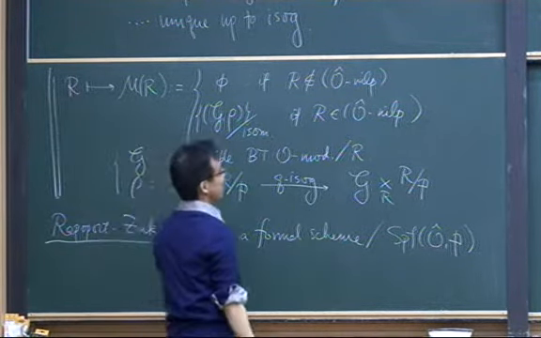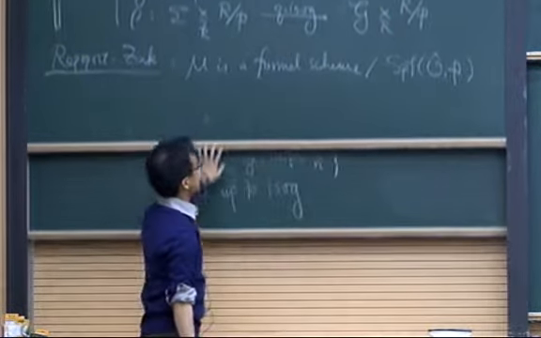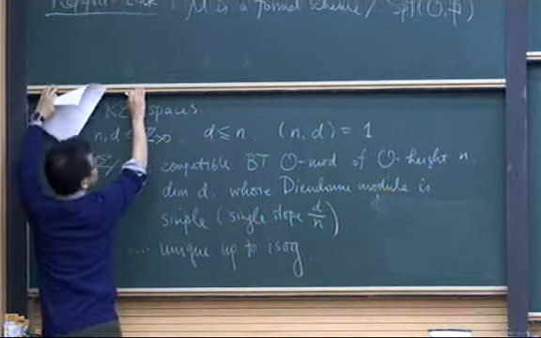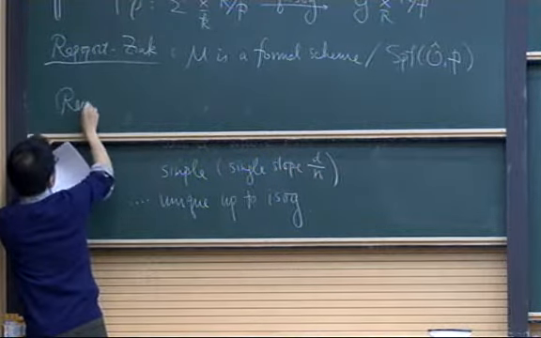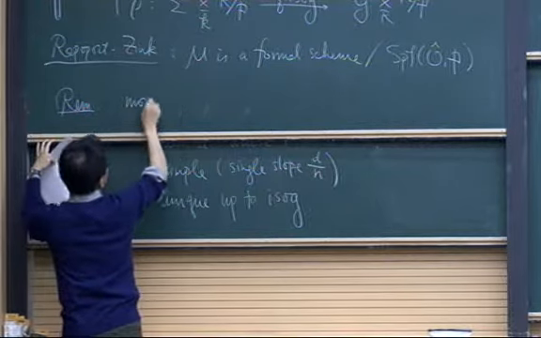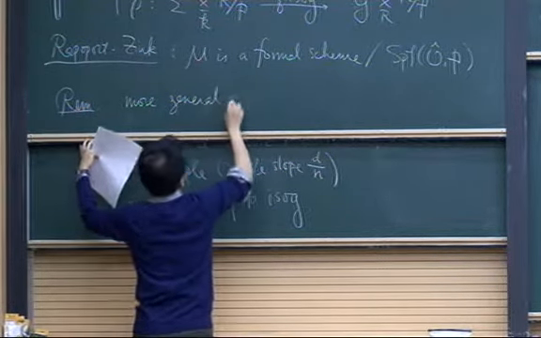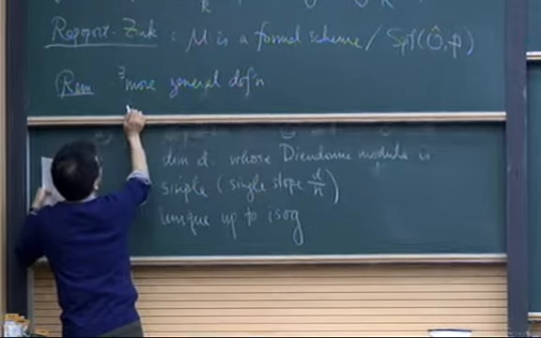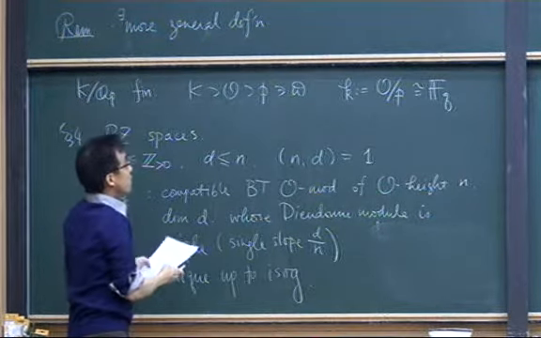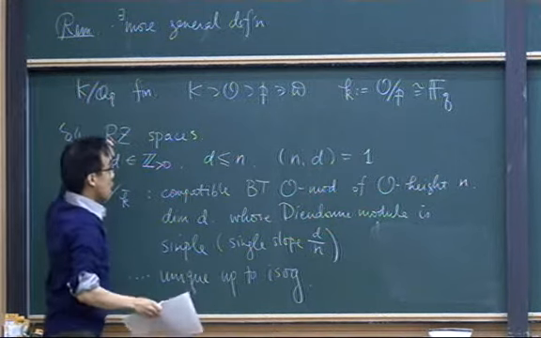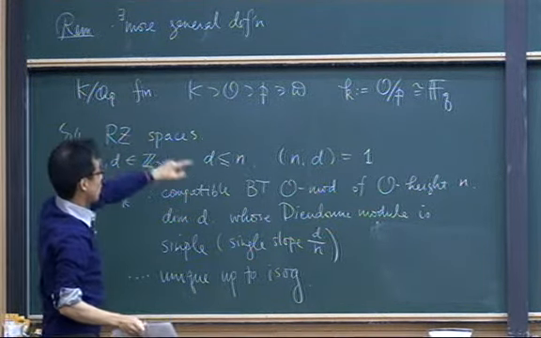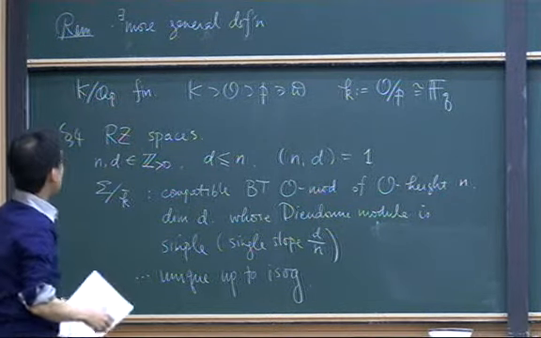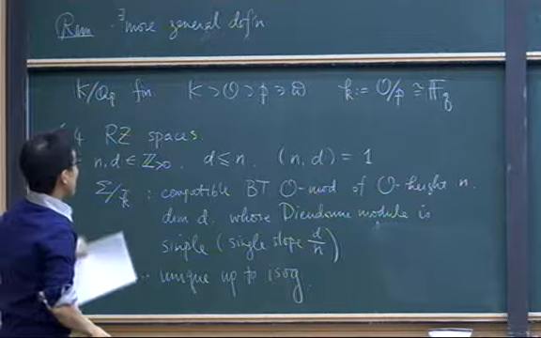I couldn't look up the definitions. So this is a special case of a more general definition. What you see in much of the literature is the unramified case, where O is unramified over Q_p. That will make things easier.